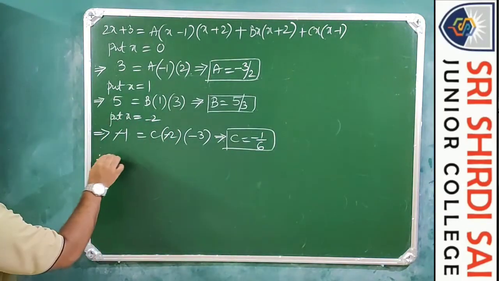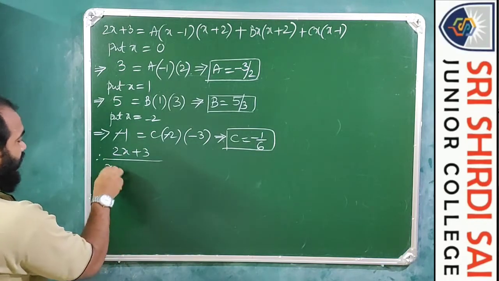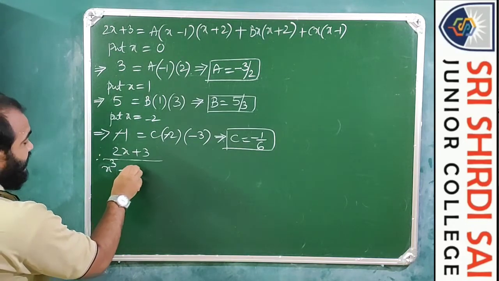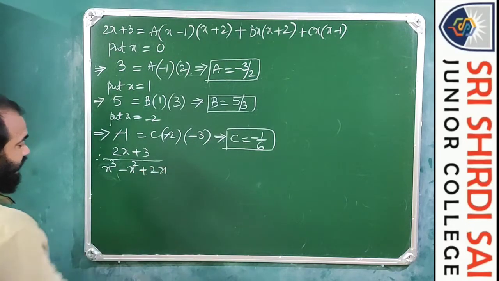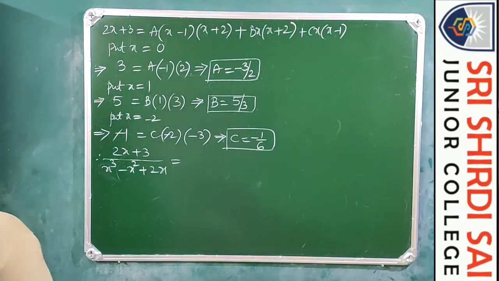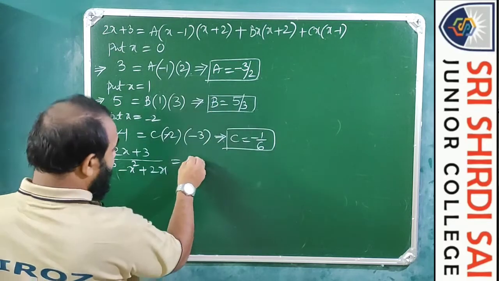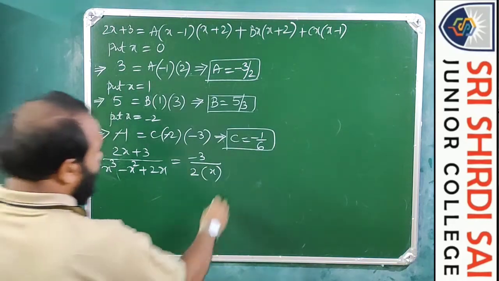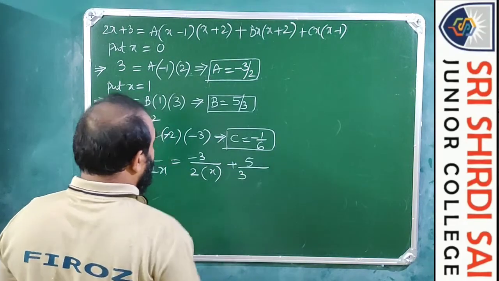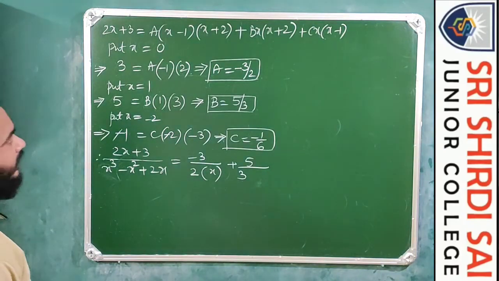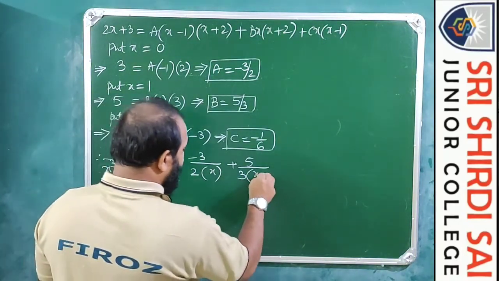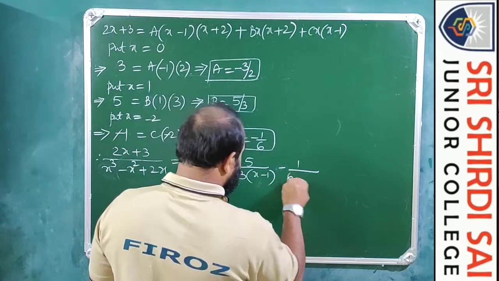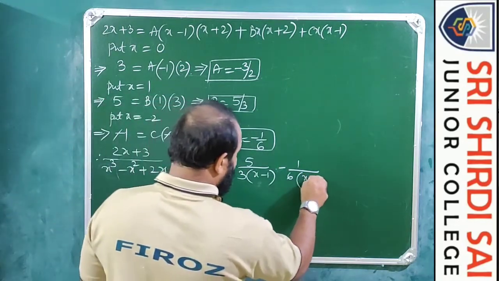Therefore the question 2x plus 3 by x cube minus x square plus 2x is equal to: the value of a is minus 3 by 2 by x, so 3 by 2 into x, plus the value of b is 5 by 3 by x minus 1, so this is into x minus 1, plus the value of c is minus 1 by 6 into x plus 2.